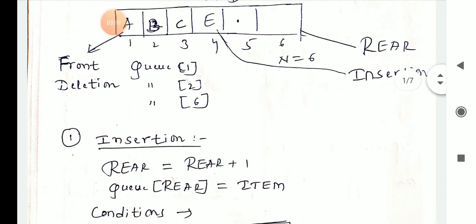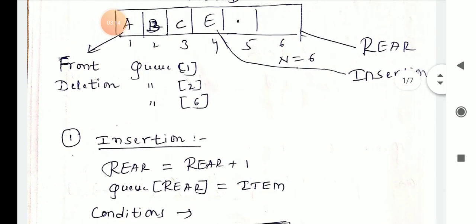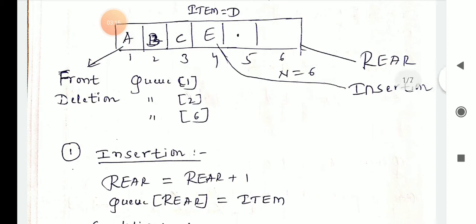We will discuss in detail how we are going to use this. The first one is insertion. If I want to add my D, from the rear end I will add the element. Consider rear equals rear plus 1, because I want to add one more item.